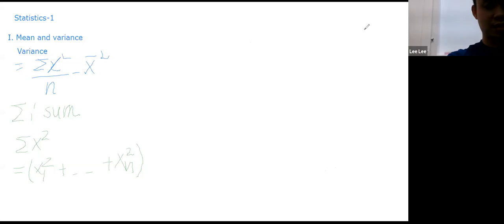So for the group data, for example, now we have data. We say this is a score. And let's say 60 to 70. Then we have 70 to 80.